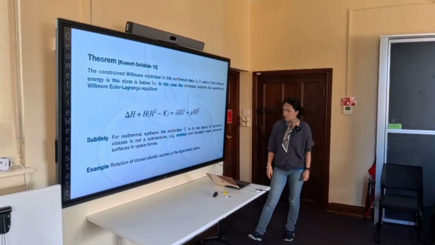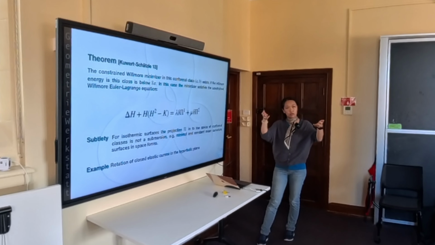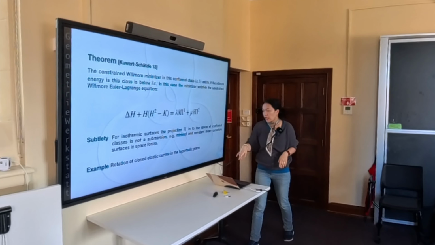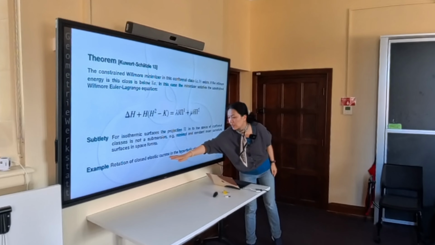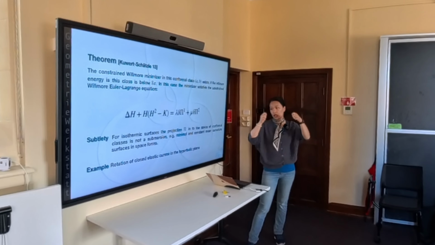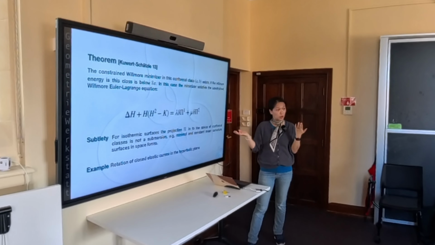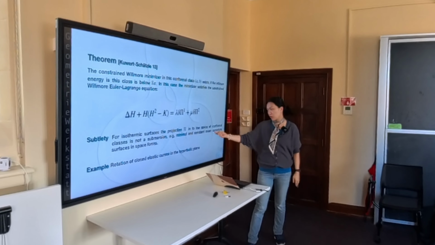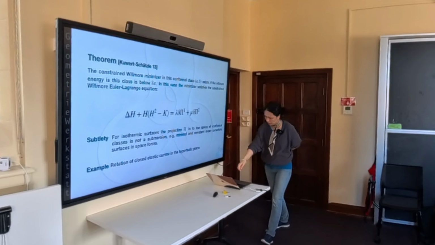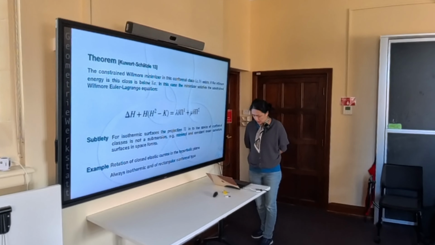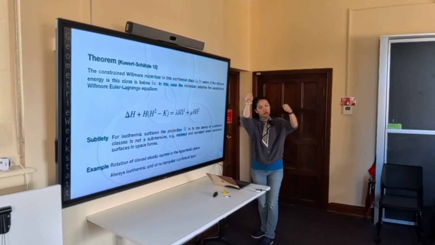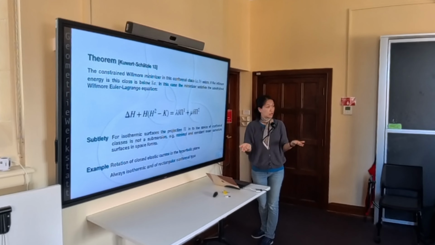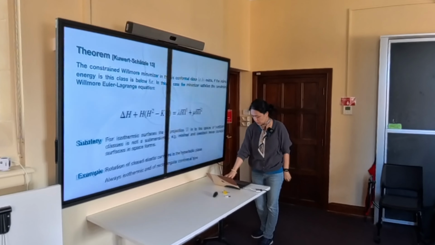So examples of those are rotations of a closed curve in the upper half plane, which you rotate around the x-axis, and you can interpret the upper half plane as a hyperbolic plane. Then it would be an elastic curve in this hyperbolic plane, and the rotated surface would be constrained Willmore and isothermic. So it must be constant mean curvature in a space form by some theorem of Richter. And they always have rectangular conformal type because the two directions, the curve direction and the rotational direction, are perpendicular to each other, and they are closed.